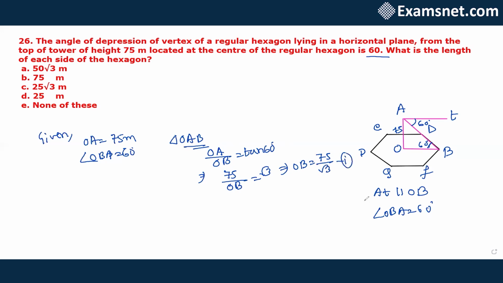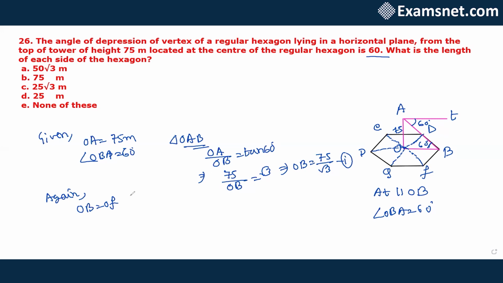Now we want to find the length of BF. That's the side of this hexagon, right? Let me join all the vertices with the center first. Also again we can say that OB equals OF because it's a hexagon.